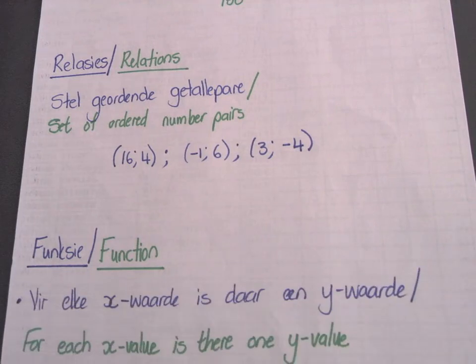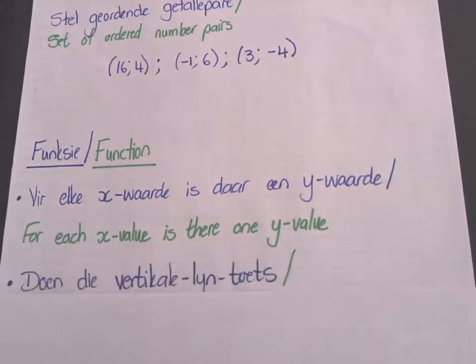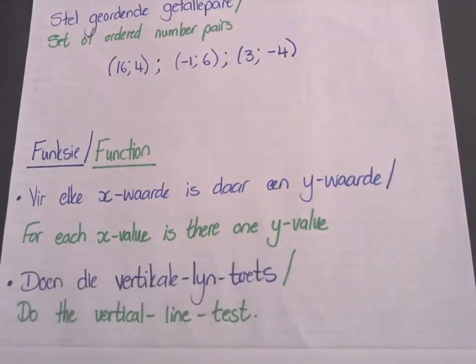For each x value, there's only one y value. And if I want you to motivate your answer, why is it a function? You always tell me that there's a vertical line test, and we're going to do the vertical line test just now.